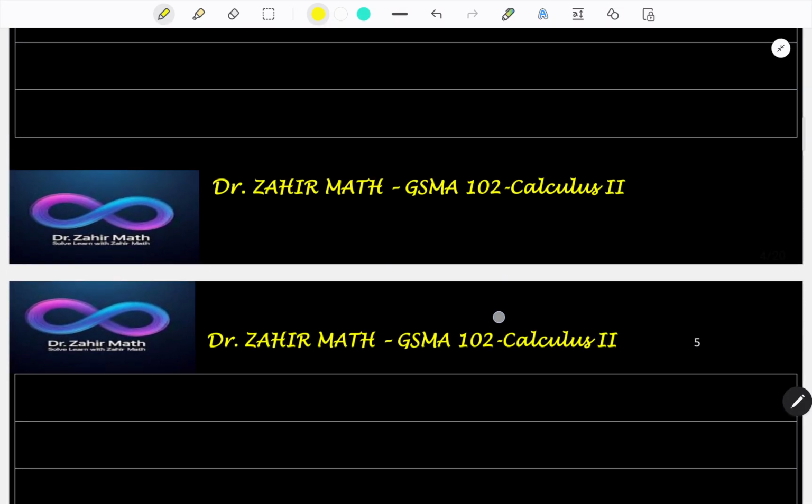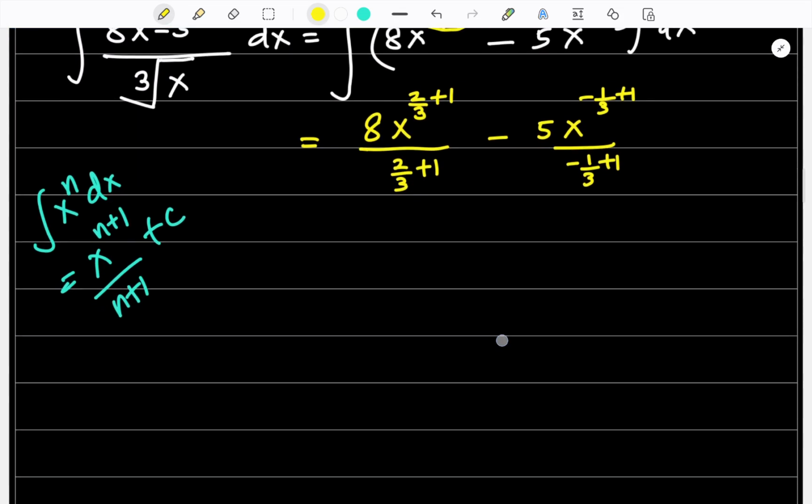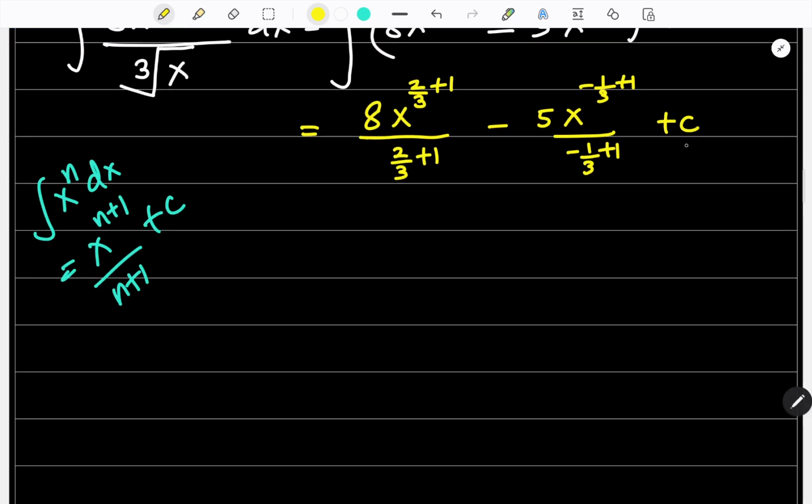C. Let me check when the previous question did I put C? Yes, I put C. And then plus integrating constant C. Again, I'm telling you in the final answer you can add C, no problem. No need to write all the steps plus C. But why I'm writing now? Because sometimes we may forget. Okay, right. This equals 8x to the power of 2 by 3 plus 1.